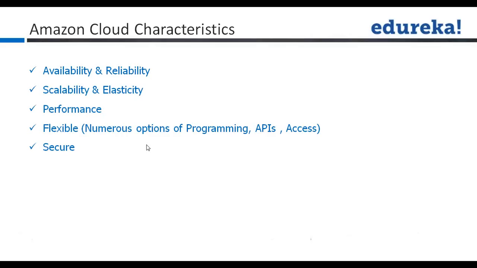When you are using multiple zones, you are launching one virtual server or instance in availability zone A and another server in availability zone B, so it's always available to you, and the load is distributed across those two servers. But you are paying for both servers because you are using two servers.